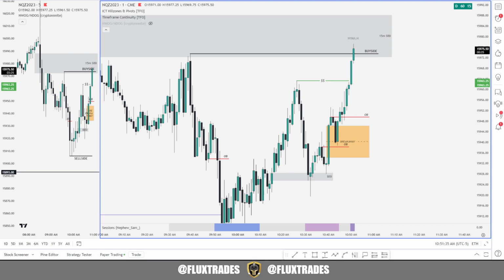So I'll take a screenshot of that trade really quick. Pretty solid stuff if you ask me. Let me find the screenshot. There we go.